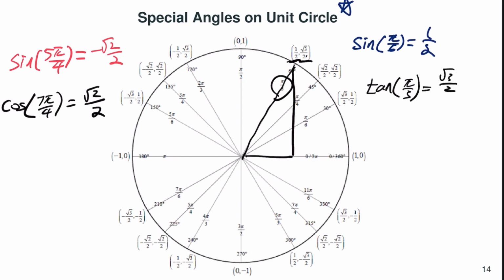Square root of 3 over 2 divided by one half. Dividing by a fraction is multiplying by the reciprocal. So flip this one, 2 over 1, and we get square root of 3. That means this slope right here is positive square root of 3. That's the slope. Let me write that again. Square root of 3.